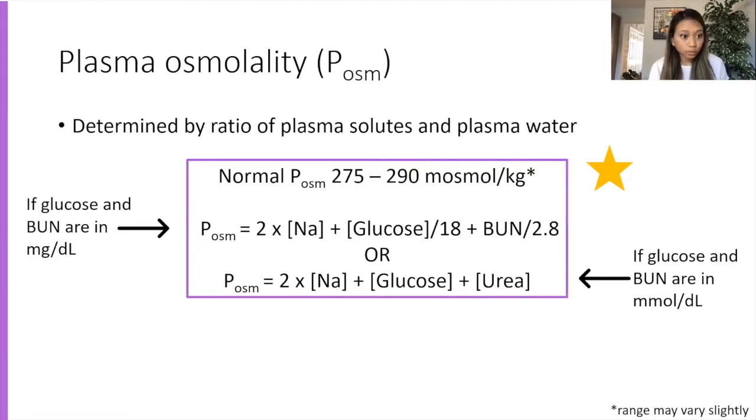I have 2 equations here because the one on the top is what we use in the States. Usually the BUN is reported in milligrams per deciliter. Other places outside the United States more commonly use the bottom one, and I think it looks nicer because it's only 2 times the sodium concentration plus the glucose concentration plus the urea concentration. But yeah, I think you should memorize it. It's a very important equation, and it'll come up a lot. Next.